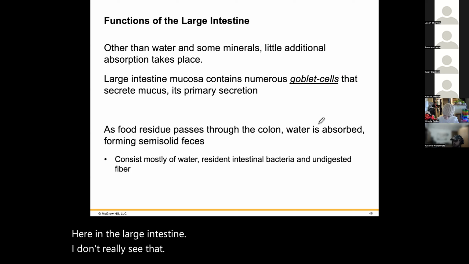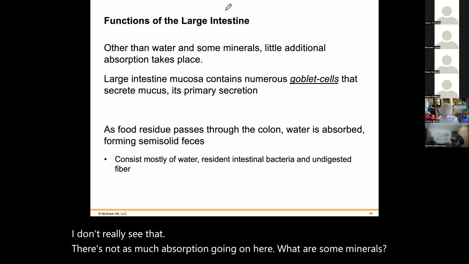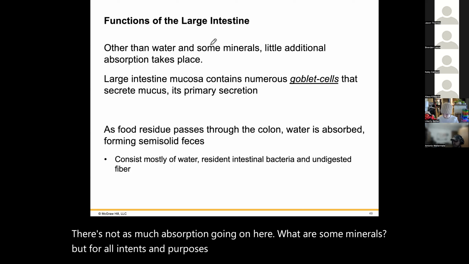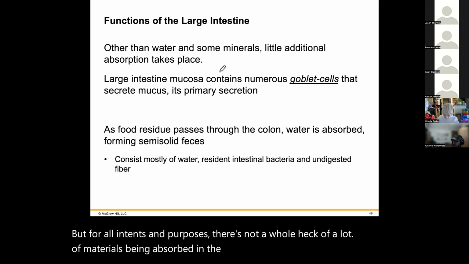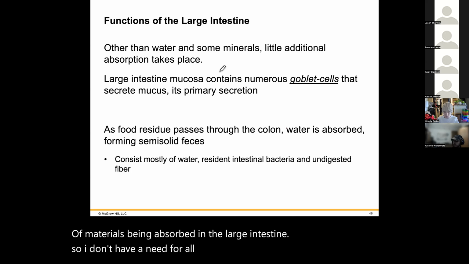There's not as much absorption going on here. Water, some minerals, but for all intents and purposes, there's not a whole heck of a lot of material being absorbed in the large intestine. So I don't have a need for all of those adaptations of the small intestine. I don't have those here.